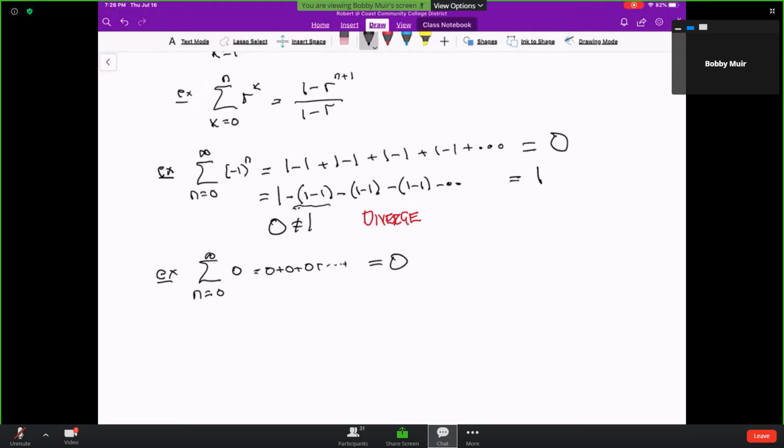Now maybe that's kind of stupid. Well, you might remember this. If we go back to this guy, the sum of r to the k equaling 1 minus r to the n plus 1 over 1 minus r.